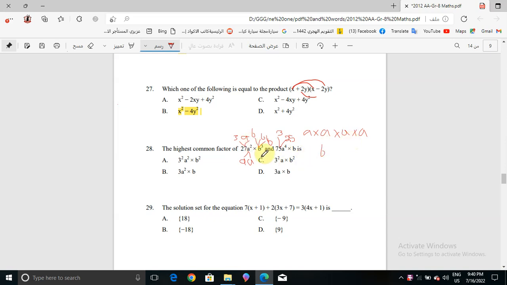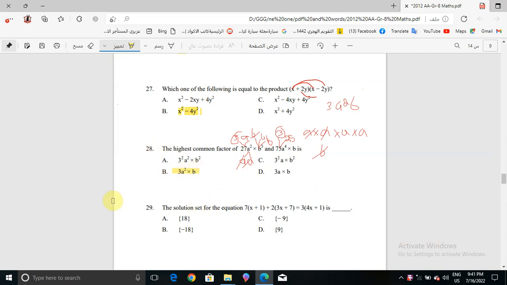Now the common factor here is 3 and 3, right? Then for a, here we have a squared and here we have a to the power of 4, so we will take the common a squared. Then in b we have b cubed and only one b, so we will take only one b. So 3 times a squared times b. Now this answer is in choice B, so choice B is the correct answer for question number 28.